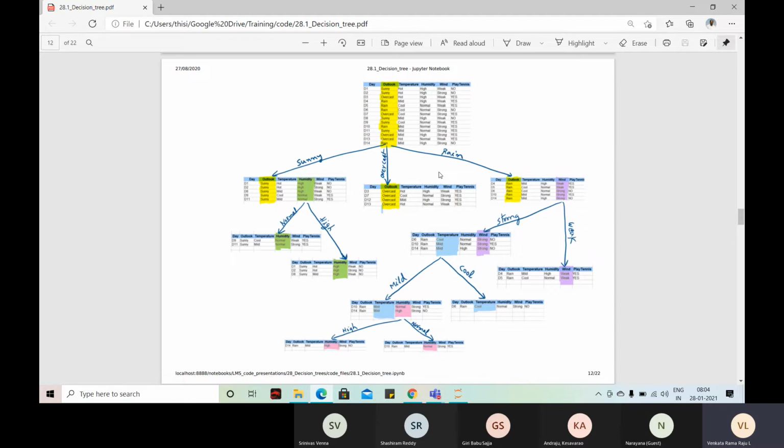The decision tree actually assigns a score to each of these features. I'll show you: the decision tree algorithm has an attribute called feature_importances_ that gives you the scores of all these features. You sort the data in descending order of the scores and you get the best features. So that is the theoretical understanding of decision tree.